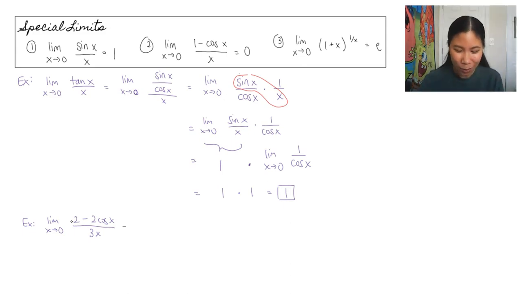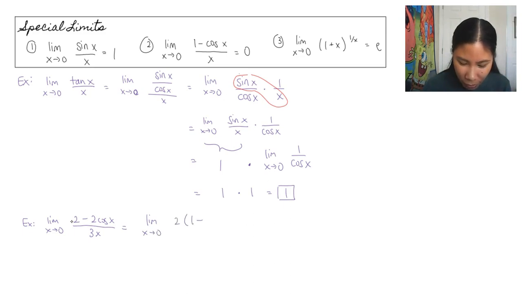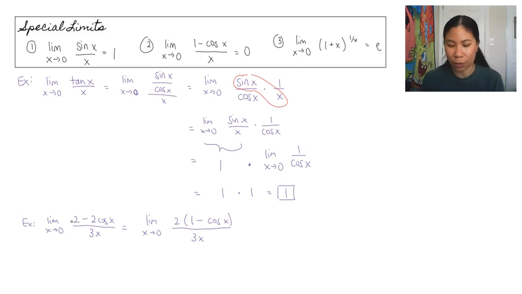So let's simplify this a little bit. If I factor out a 2 on the top, then I can get it to look like the 1 minus cosine x. And then, I'm going to rewrite this fraction so that I can get that 1 minus cosine x over x by itself.